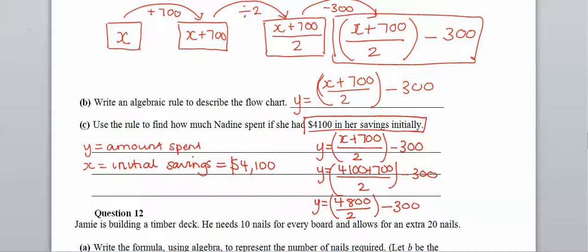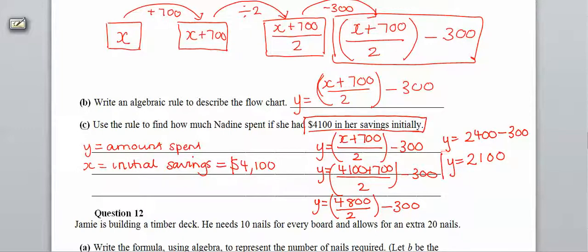Next we do our division, so we've got Y equals 4,800 divided by 2, which equals 2,400. We don't need to put our brackets because we've done everything that's in the brackets, but we can't forget our minus 300. Then we do our subtraction, so 2,400 minus 300, and that equals 2,100.